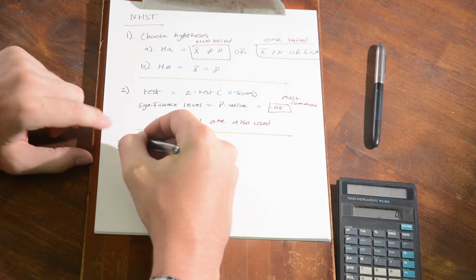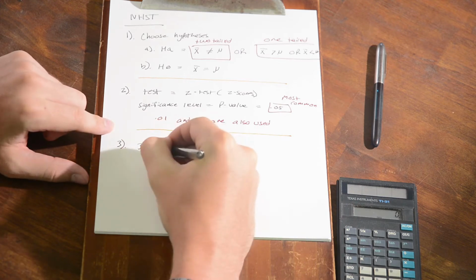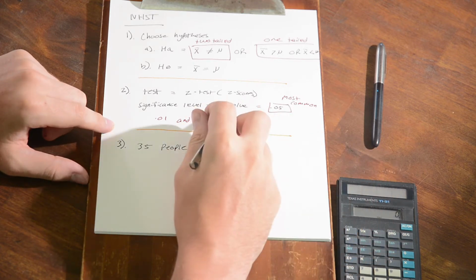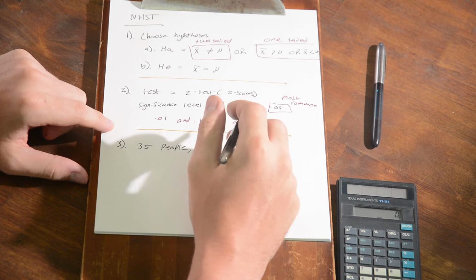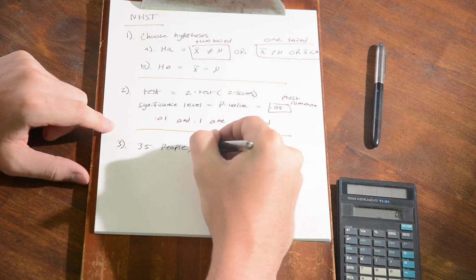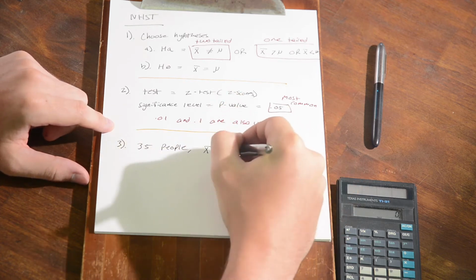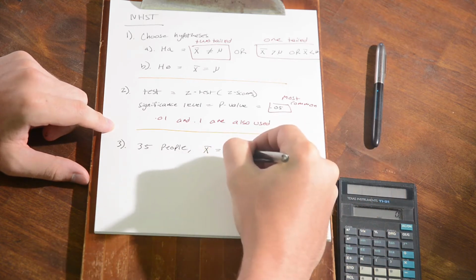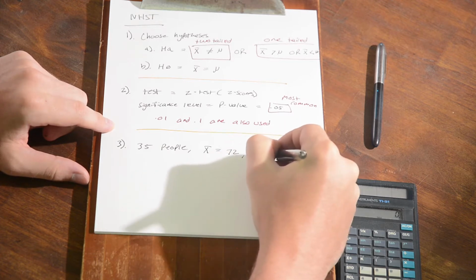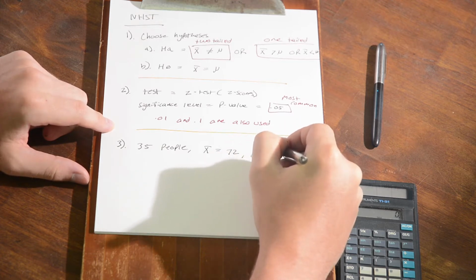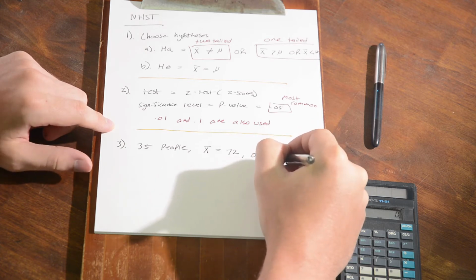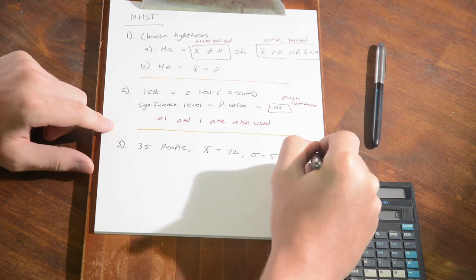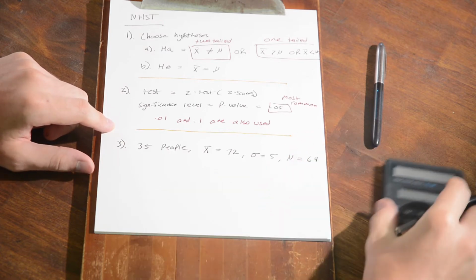So let's say we found 35 people that x bar is equal to 72, that the standard deviation is equal to 5, and that mu is equal to 64. That should give us everything we need to go ahead and calculate this.